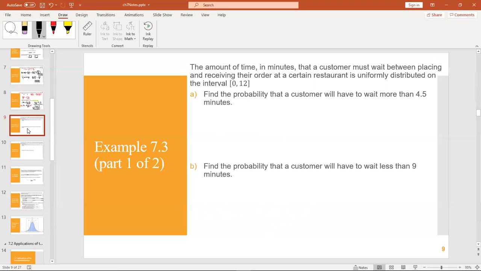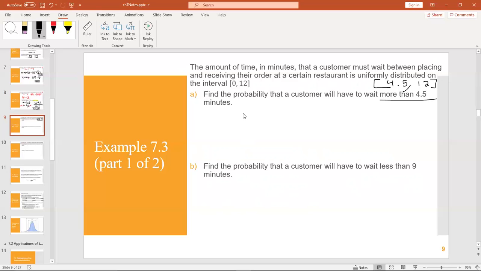The amount of time in minutes the customer must wait between placing and receiving an order is uniformly distributed from 0 to 12. Find the probability that they will have to wait more than 4.5 minutes. That basically means 4.5 is as low as it goes, and we can go as high as the very top, which would be 12.